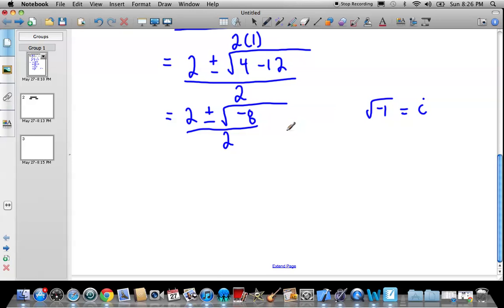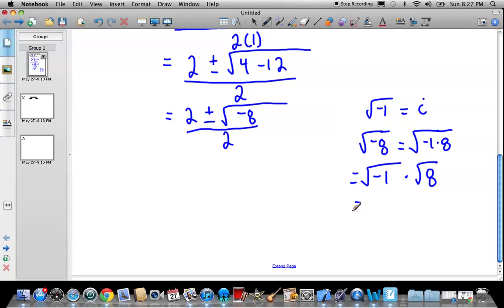So what that means for us is, if this is negative 8, well, that's the same as root negative 1 times root 8. Or you can think of it even like this, negative 1 times 8, all underneath the square root sign, then that breaks up even further. Or, since that's just i root 8.